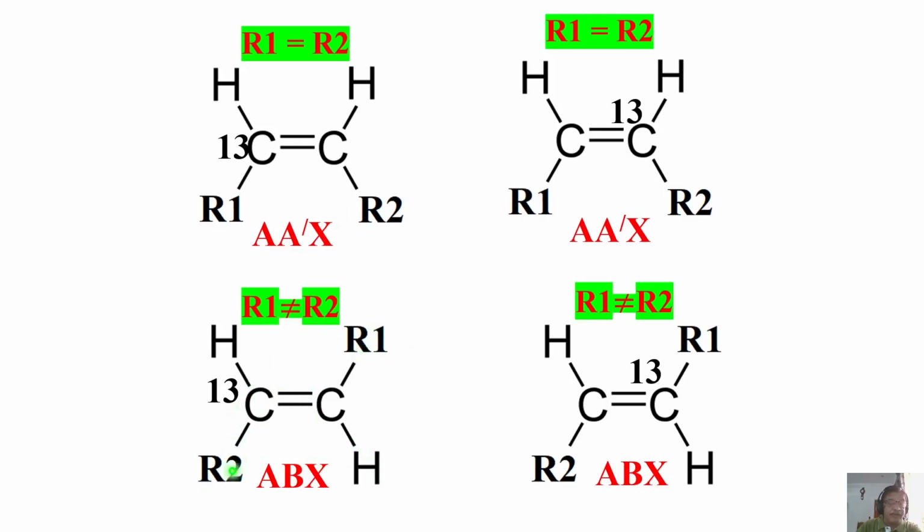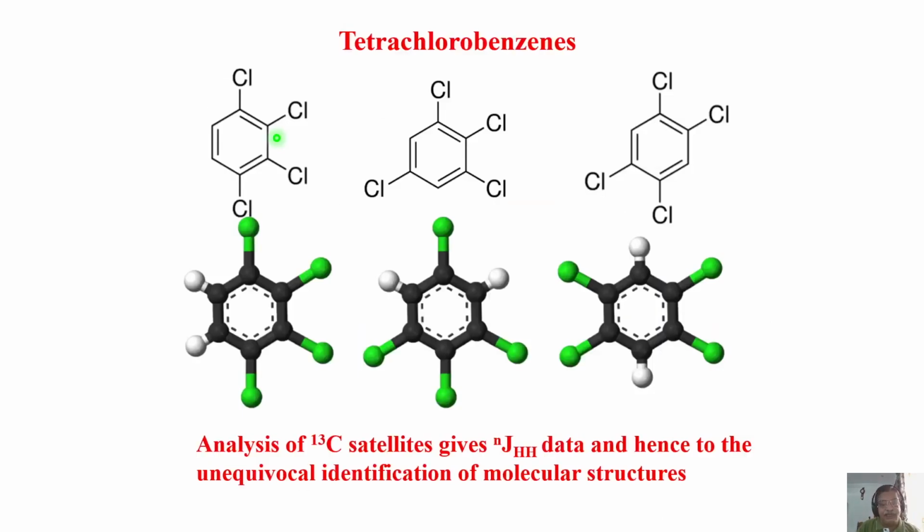Then it is not AA prime X, it is APX. If I consider R1, R2 not equal in this case, and I take this carbon also into account, it's an ABX. See, the substituted ethylenes, cis and trans, depending upon whether the substituents are the same, R1 equal to R2, or R1 not equal to R2, and depending upon which carbon you are taking into account, you can identify the spin system as AA prime X or ABX.